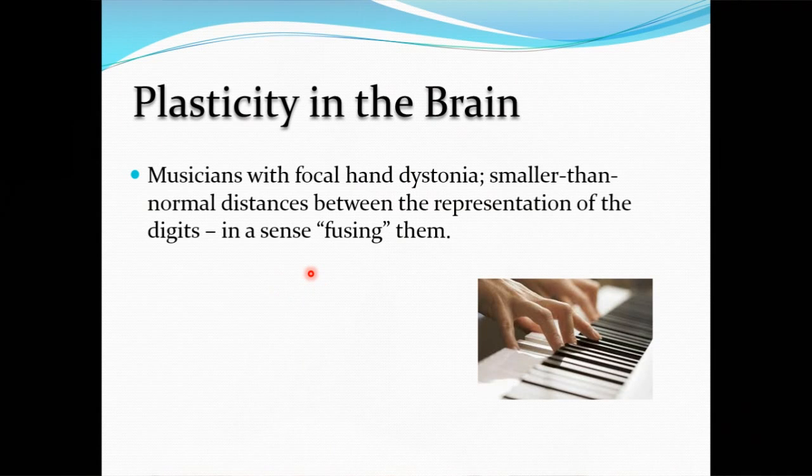But as each area expands because of the practice, the areas between the brain areas become smaller and smaller and smaller. And with some musicians, there's eventually an overlap, and what happens is that their fingers get fused. They actually can't move their fingers apart anymore, because on the brain mapping, those areas have grown so close together that the brain sees it as one.